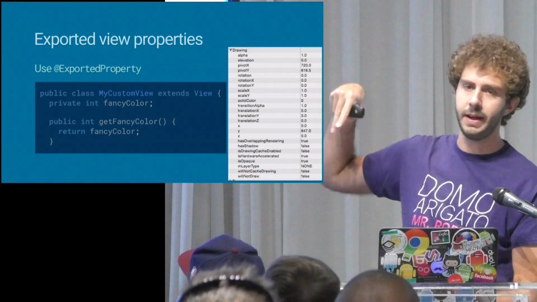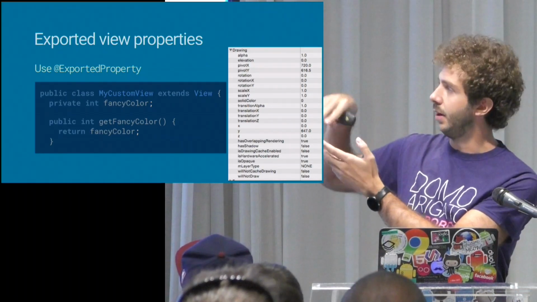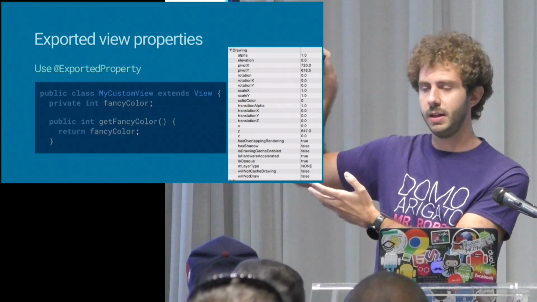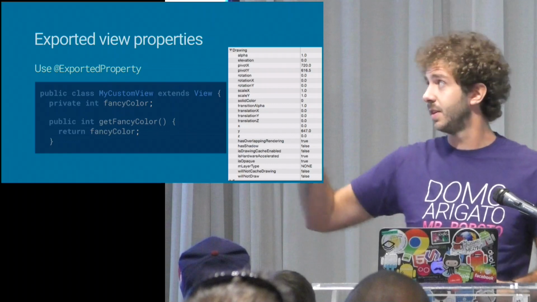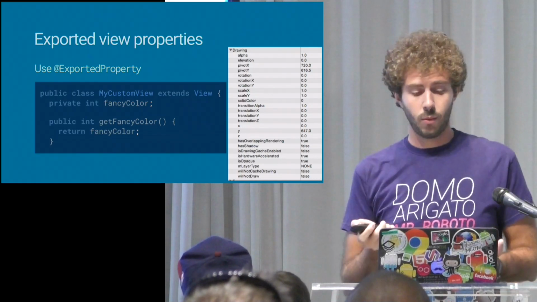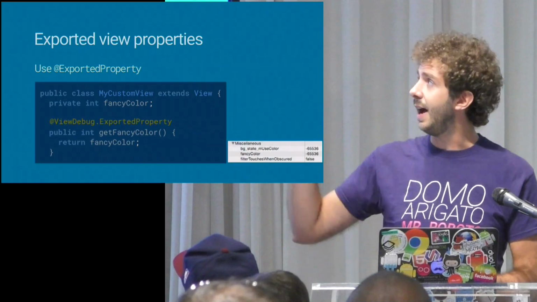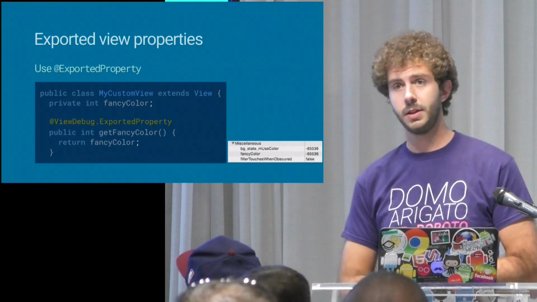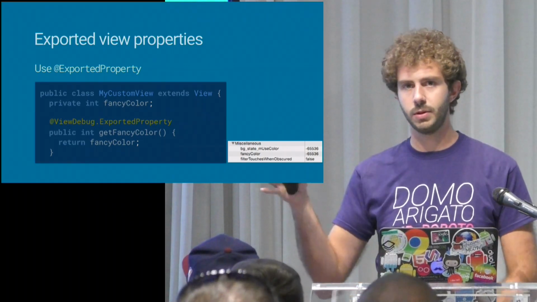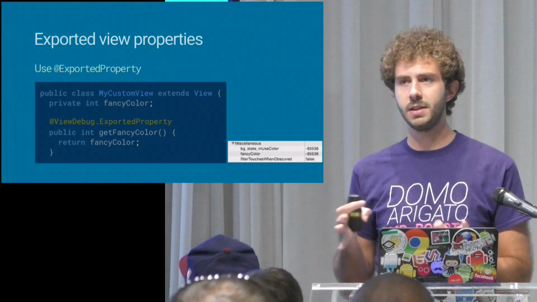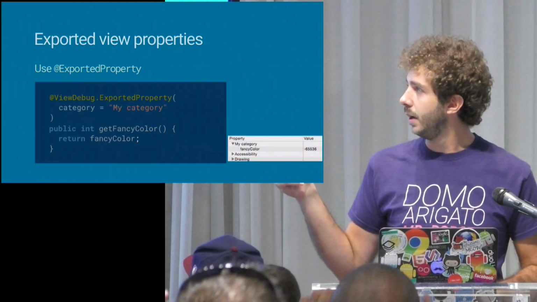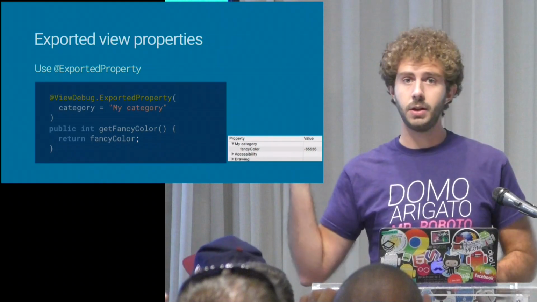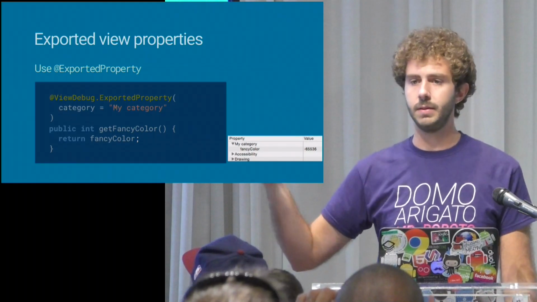This is just a part of the attributes of the things you would see in a hierarchy viewer, but it is nowhere to be found. What you can do is add the exported property annotation to your getter. If you have a getter that doesn't take any parameter, you can annotate it that way, and it will show up.